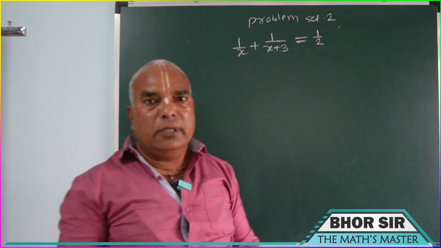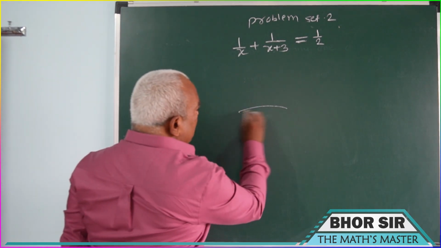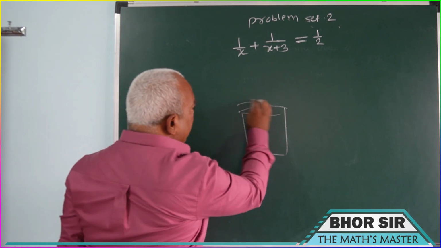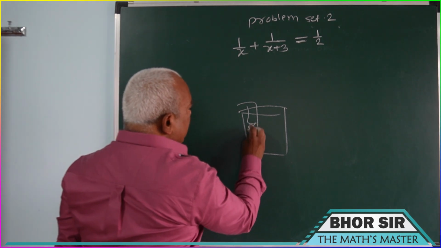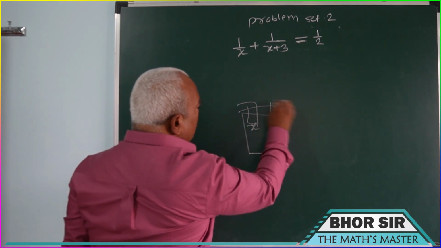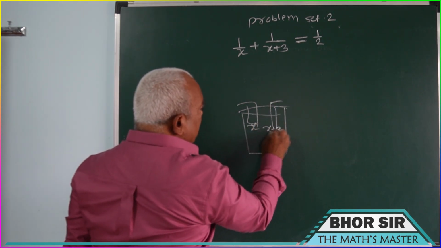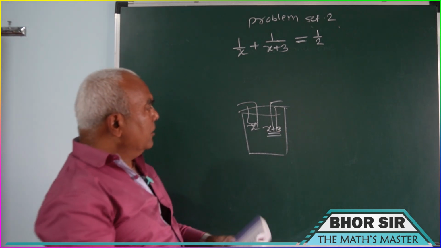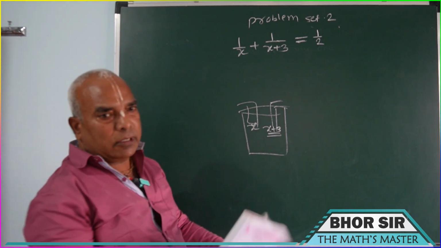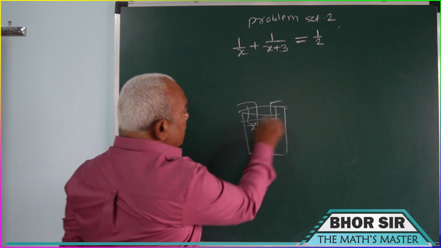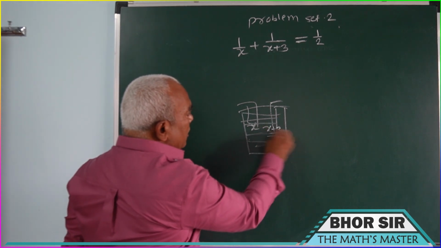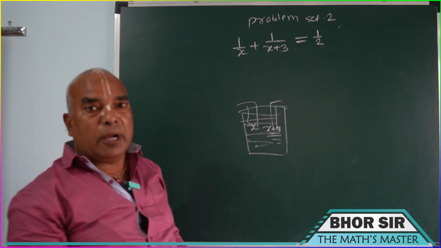The larger tap makes x parts. How many parts? X parts. The smaller tap takes x plus 3 hours, and the larger takes x hours. X hours means x parts, and the smaller makes x plus 3 parts.